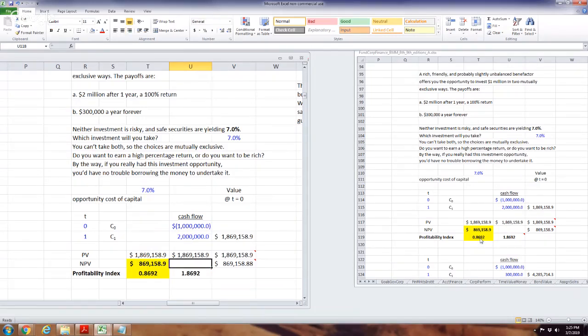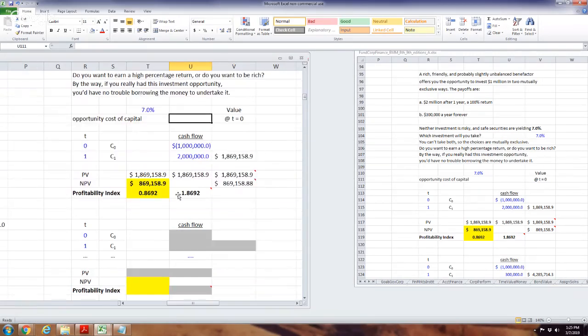This one is this NPV over investment. This one is present value over investment. So slightly different. Okay, and you can see, so it's an index. Okay, it's not so much a percentage. It's not 86% profit margin. It's nothing like that. Okay, so you did that one.